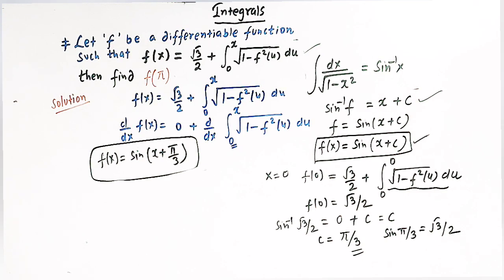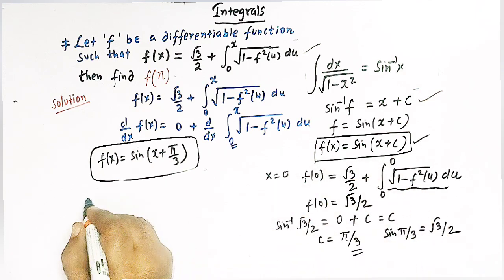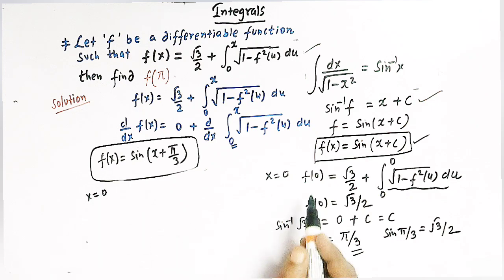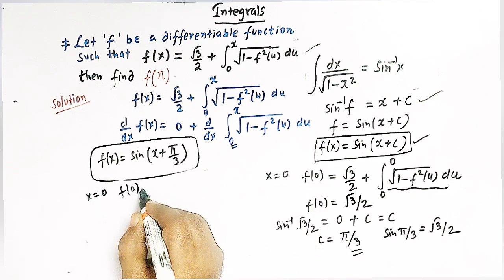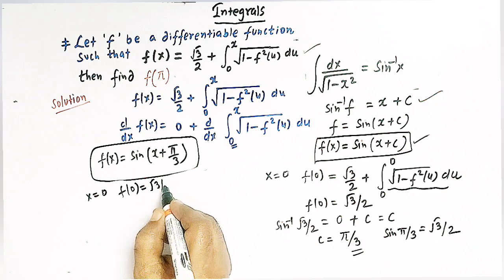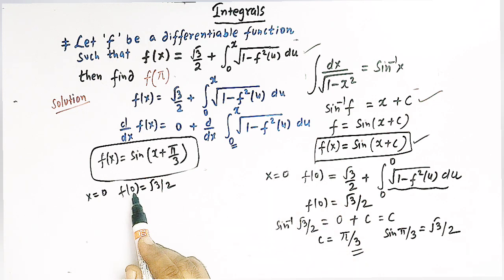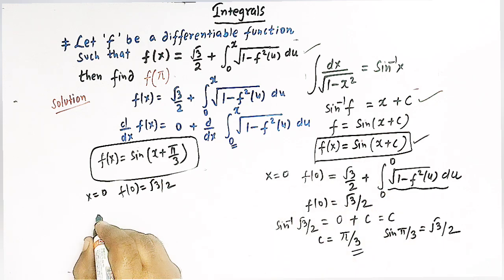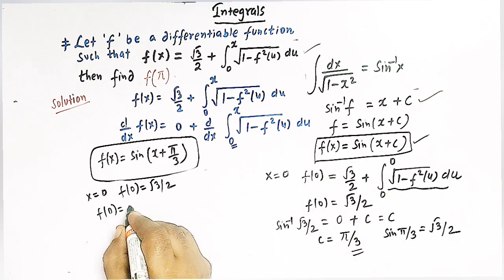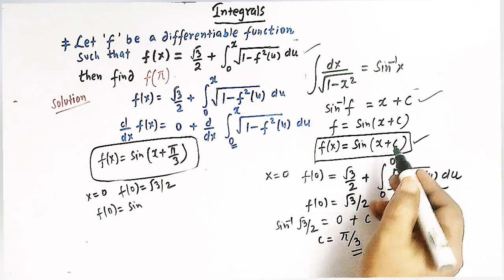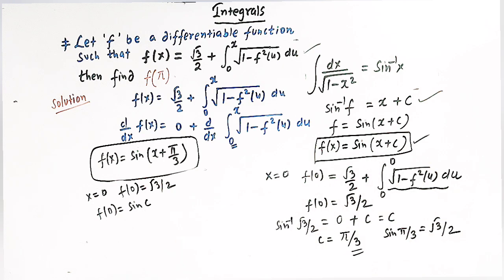Now here it is important to note that while calculating the value of the constant of integration c, we have taken x is equal to 0, and f of 0 is equal to square root of 3 over 2, right? And if we take x is equal to 0 in this equation, then we have f of 0 is equal to sine of 0 plus c, that is simply equal to sine c, and f of 0 is root 3 over 2.